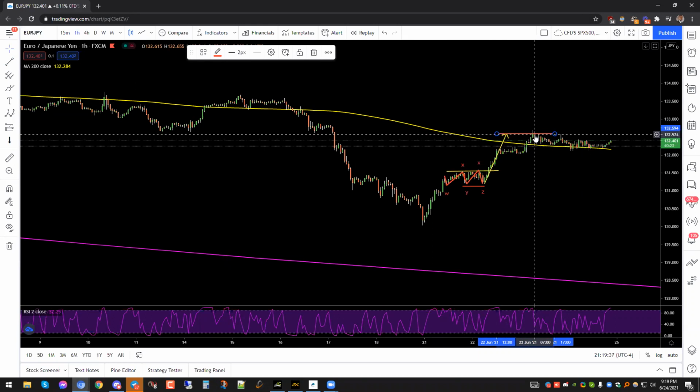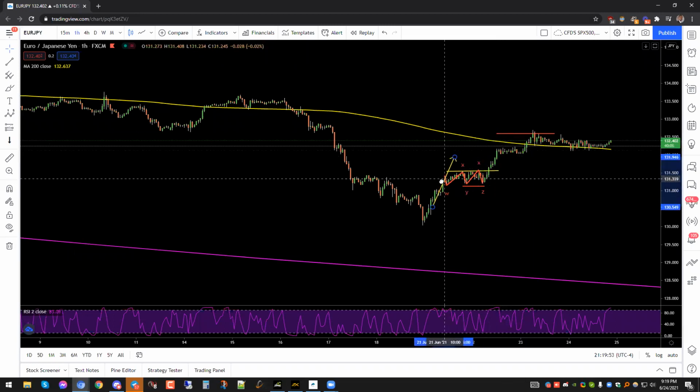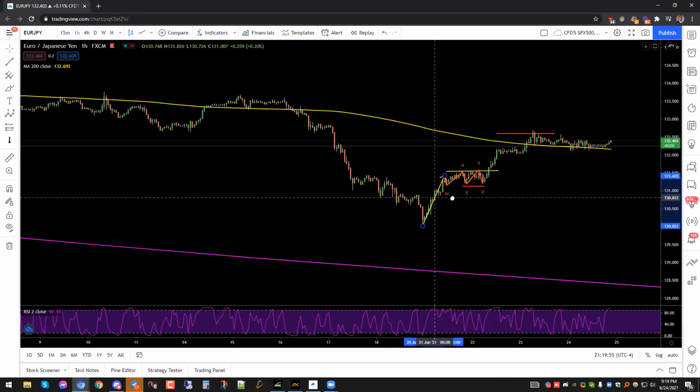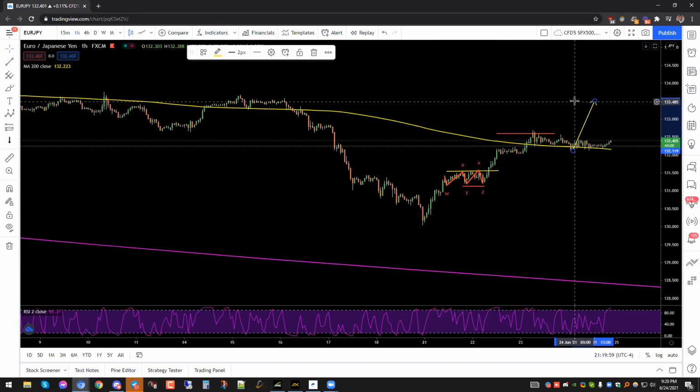And I'll wait for the correction to give me some sort of confirmation that the price is going to continue to the upside for one more wave. And for the next wave, I will still use the projection of wave 1 to project wave 5. So I will expect wave 5 to potentially end at this same measurement.